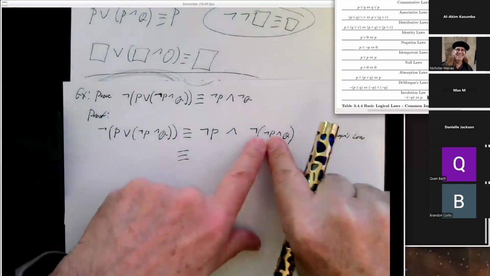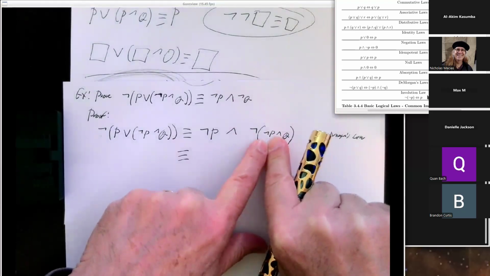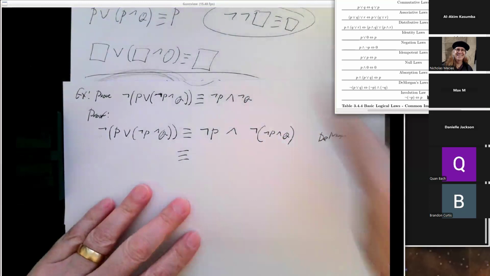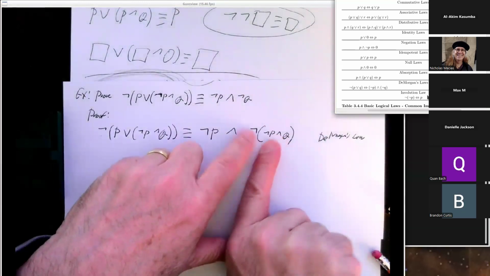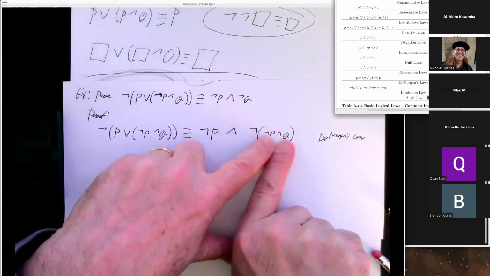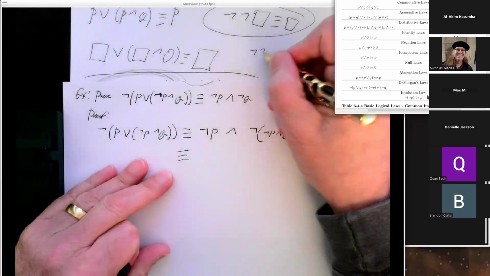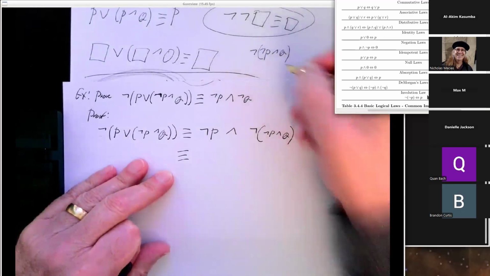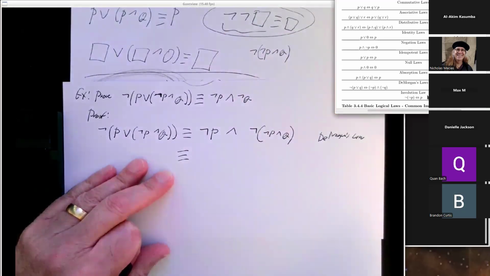So the P right here might look like a not P, like a double negation. But if I put a P in here, I've got not P. That's different from not parentheses, not P and Q. And if I did something like not P and Q, that doesn't quite fit into the form of this.